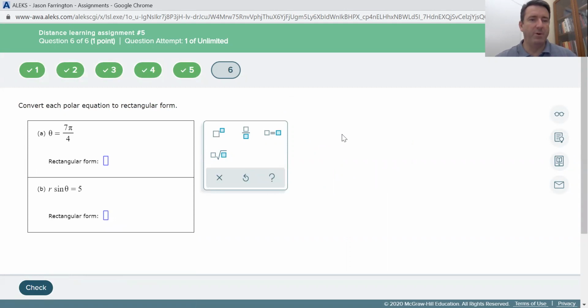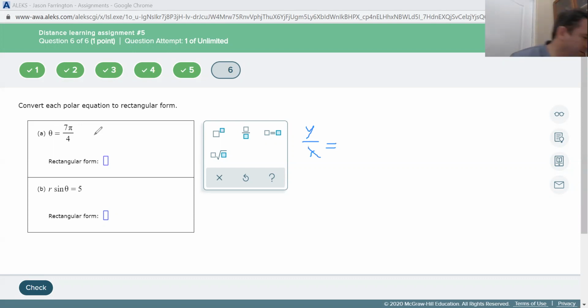Last one, convert each polar equation to rectangular form. Here we have a theta by itself again. So we'll take the tangent of both sides. And let's skip ahead one step here to save me some writing with this mouse. If we take the tangent of both sides, we're going to get tangent of theta on one side, which we're going to replace with y over x. So y over x is going to be equal to the tangent of 7 pi over 4.